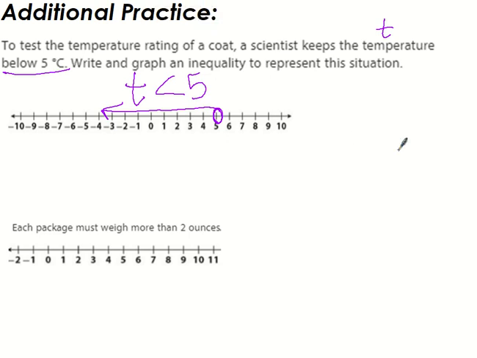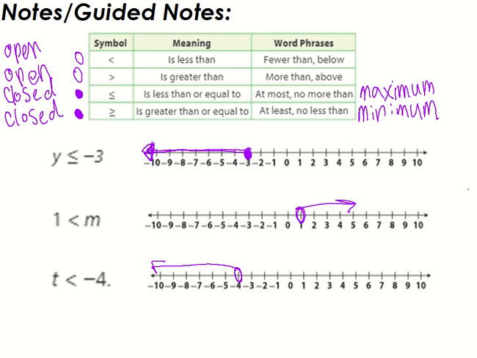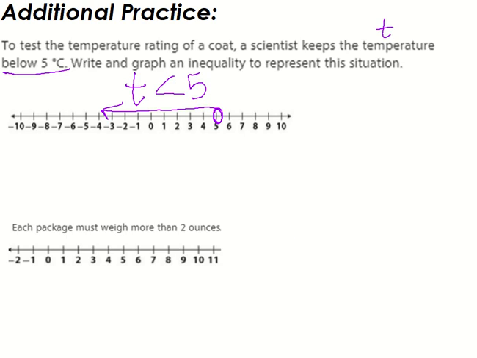All right, each package must weigh more than 2 ounces. So why don't you pause, try this one as well, and see if you can write and graph this one. So if we go back and look at our words, we want more than, well, that's a greater than symbol. More than is a greater than symbol. So we should have had a greater than symbol.